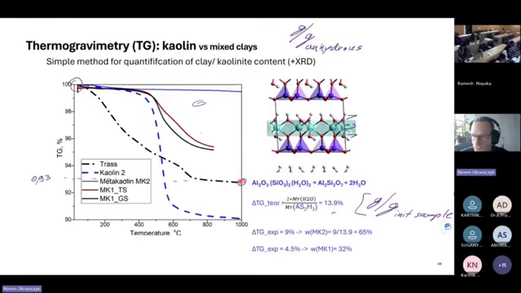If you release water, you have a more concentrated system, so you should have a higher amount of portlandite. If you normalize it by per gram of cement, then because here you have also water. If you normalize to the initial mass, you also have water, so you have less. You should have less portlandite, and that means that here you should have more. That means that you should divide by the TG mass.